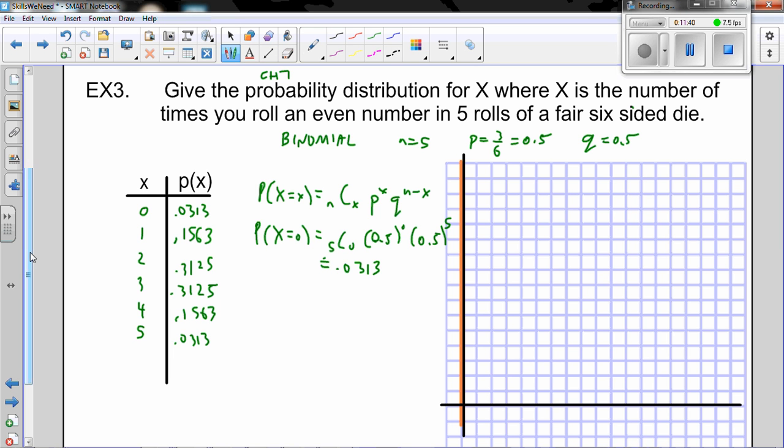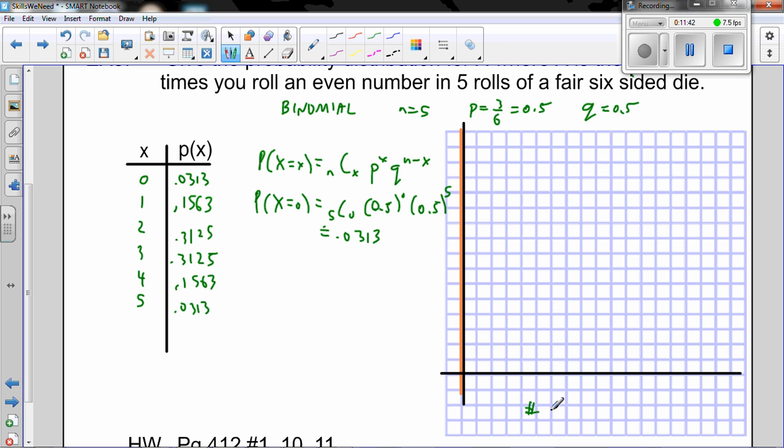This is the number of successes, number of evens, and this is just the probability of x, and it goes up to about 30%: 0.1, 0.2, 0.3. Down here it starts at 0 and then goes up. Got to only go up to 5, so that's no big deal. And it's going to be symmetric, because we had the same numbers up and down.